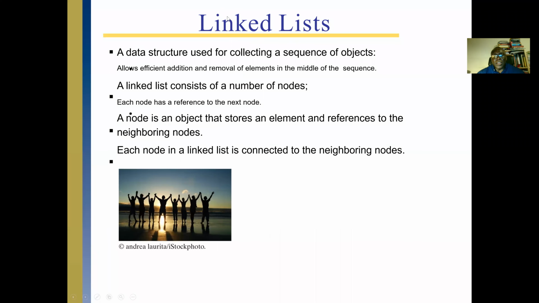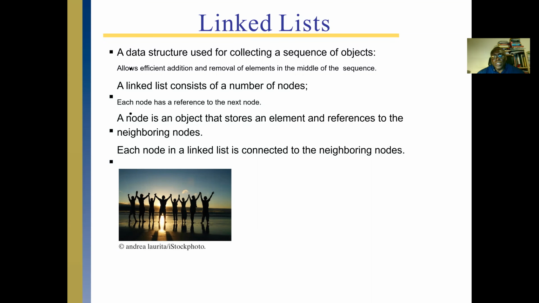So here, what is a linked list? A linked list is a very simple data structure used for collecting a sequence of objects. And a linked list consists of what we call the node.